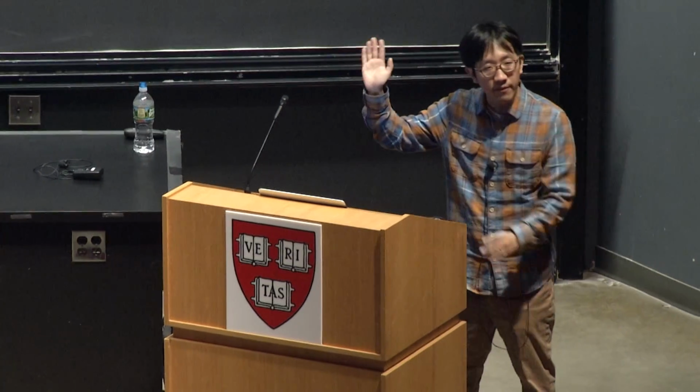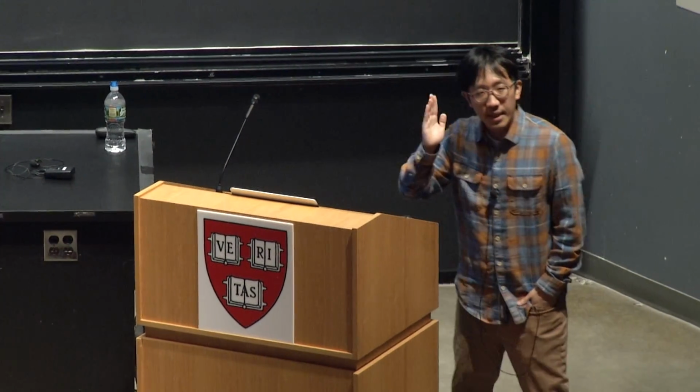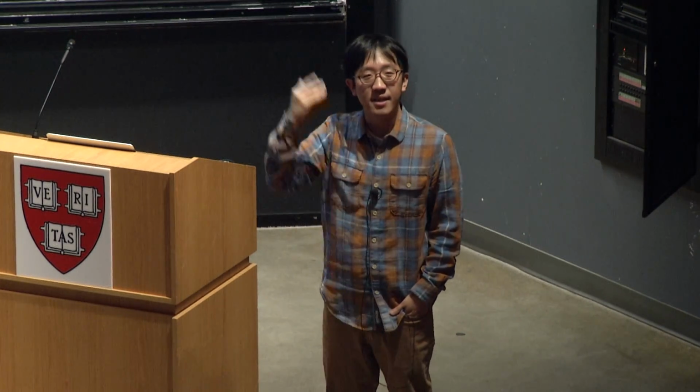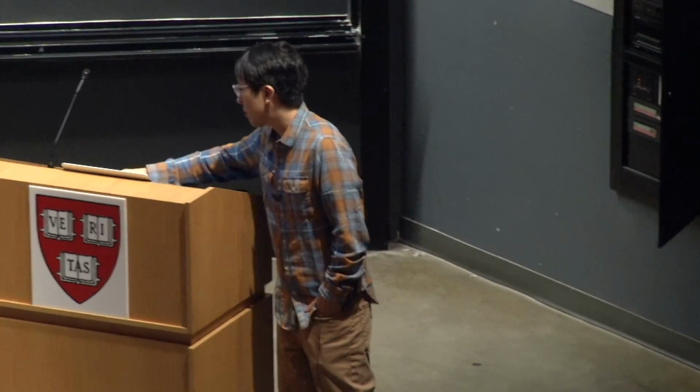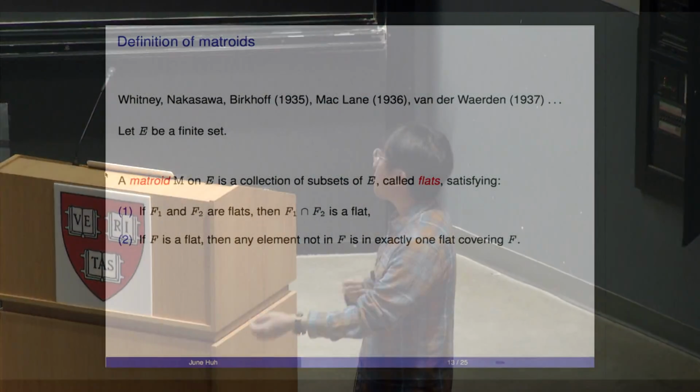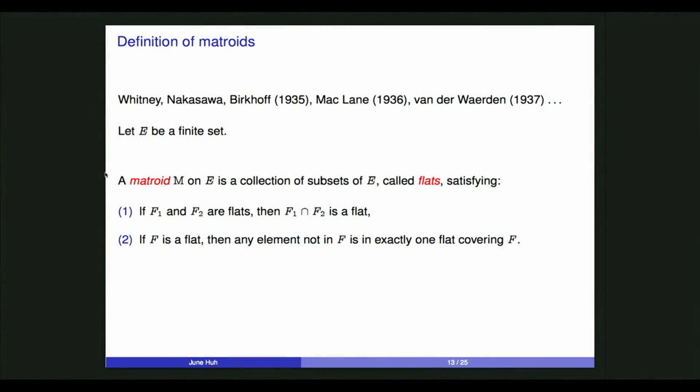Again, this is a finite structure. Let's say you have a finite set E, the same E as I used in my lecture before. A matroid M on E is a collection of subsets of E that I'm going to call flats. This corresponds to subspaces or spans of vectors in the case when E is coming from a vector configuration.